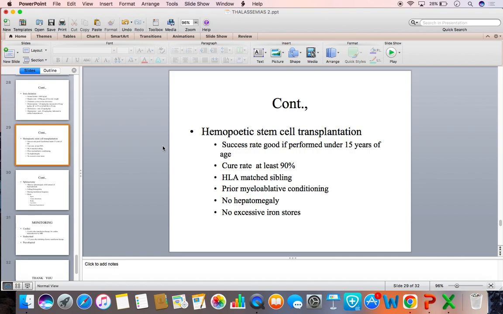The children are subjected to hemopoietic stem cell transplantation. No excessive iron stores. These are the precautions you have got to take while putting the patient up for stem cell transplantation.